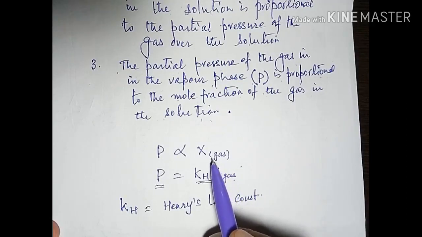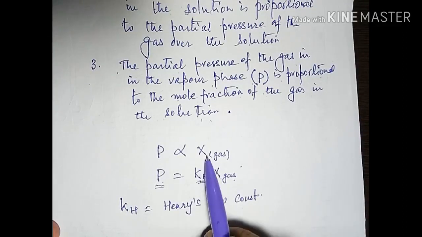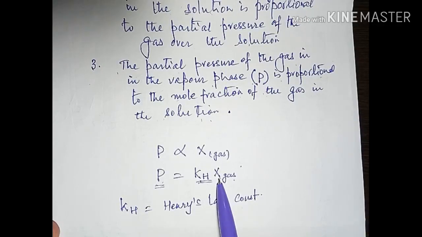But here we are using solubility in terms of mole fraction, and this constant depends only upon the units of the pressure. If instead we measured the amount of gas dissolved in terms of molality or molarity, then the units of KH will be different. In our textbook we are using solubility in terms of mole fraction only, therefore KH will have the units of P.